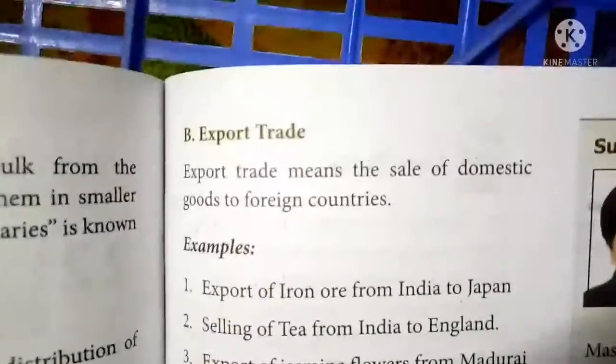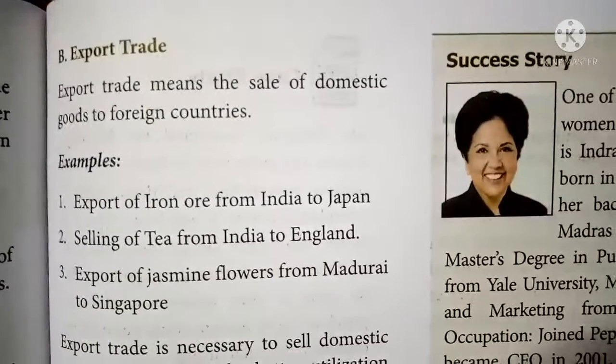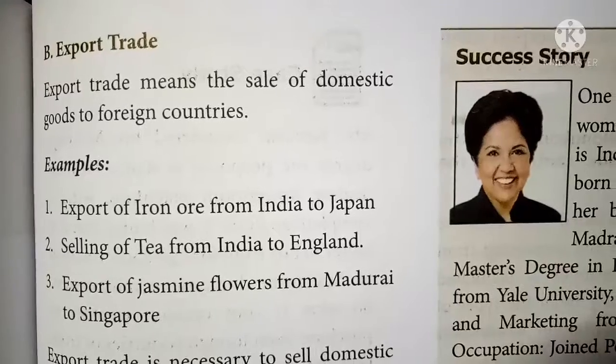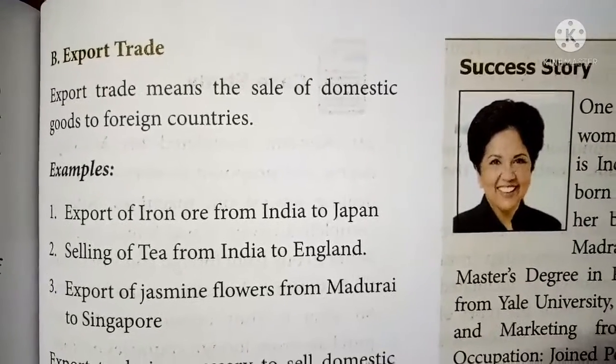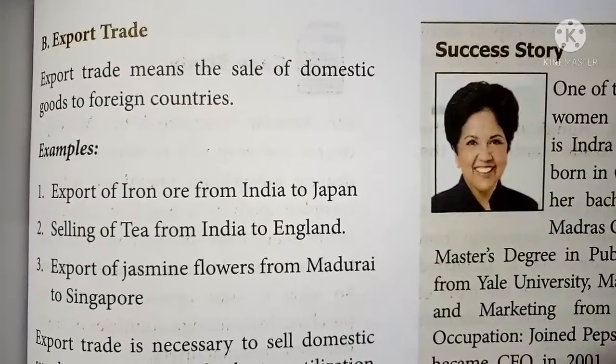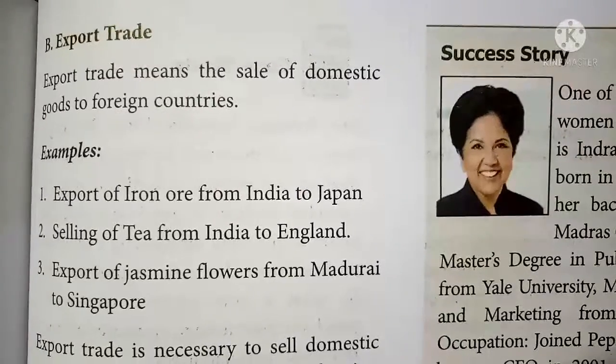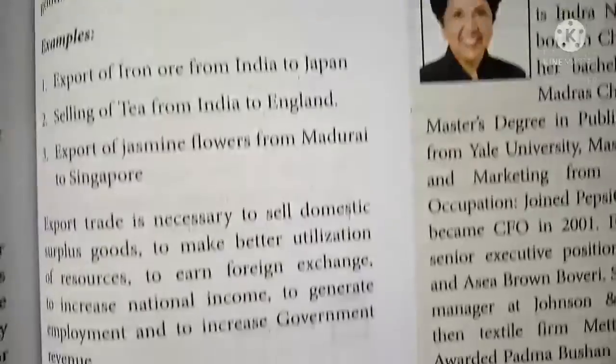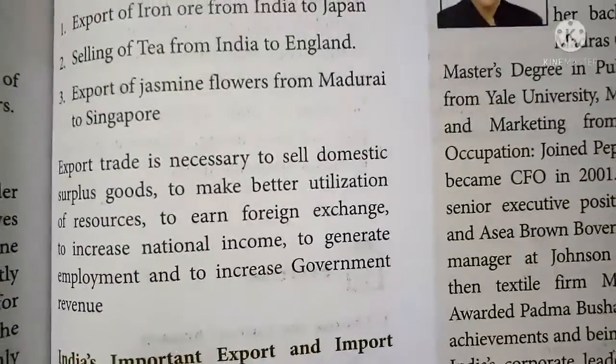Next, export trade. Export trade means the sale of domestic goods to other countries. That is, our country sells goods to some other country, and this type of trade is called export trade.